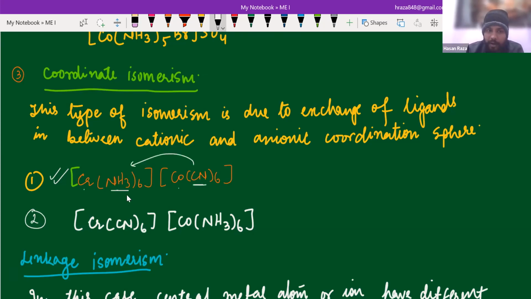This ligand will come to here, and this ligand moves to there. Now, as you can see, same chemical formula, but different structural formula. So this type of isomerism is known as coordinate isomerism, due to exchange of ligands between cationic and anionic coordination sphere. Is that clear?